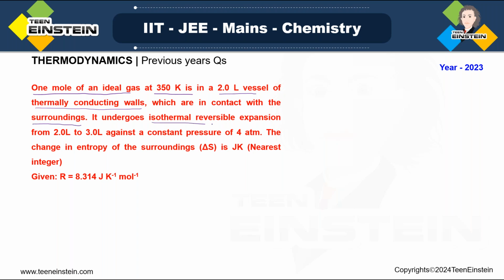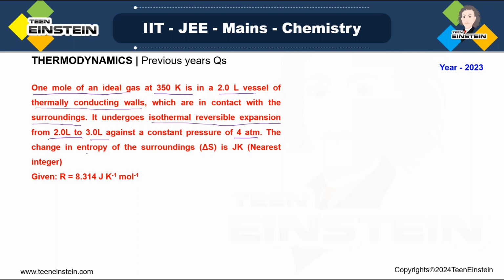It undergoes isothermal reversible expansion. This is very important because based on it we have to find the formula with which we will do the calculation. So it is expansion from 2 liter, final volume is 3 liter, against a constant pressure of 4 atmosphere. So these are the informations given.